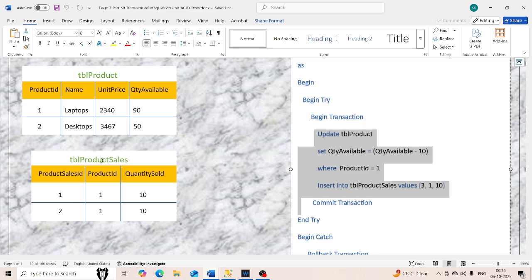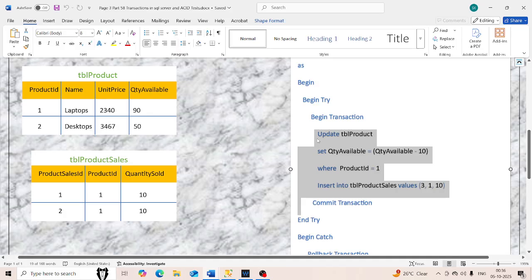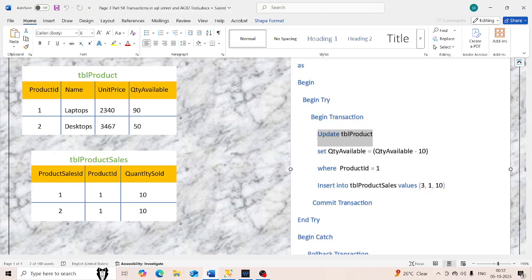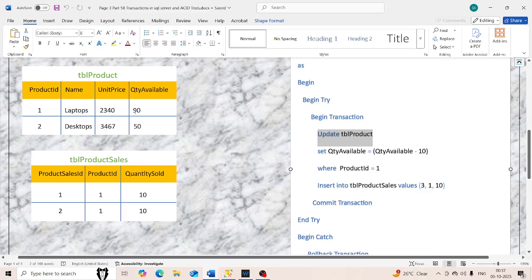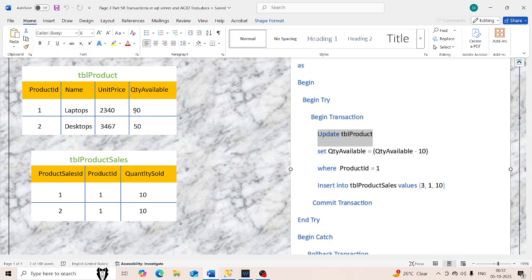So for example, if I am selling 10 laptops, the first update statement reduces that quantity from the laptop quantity available here.